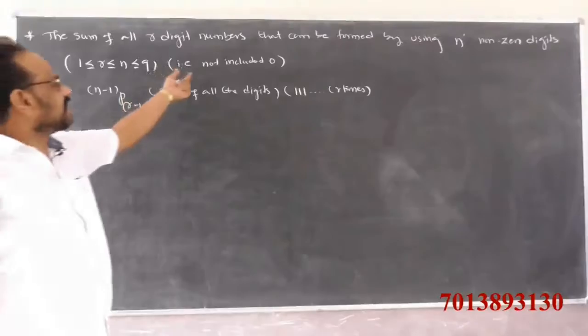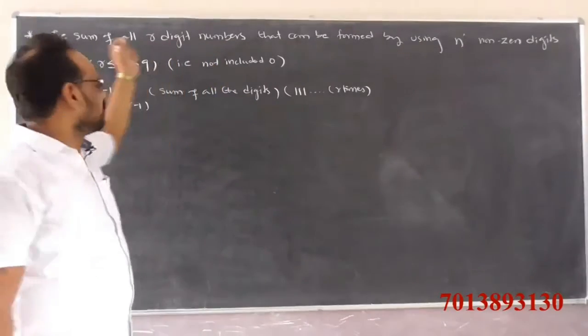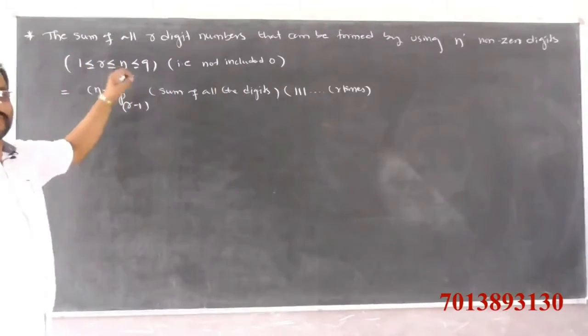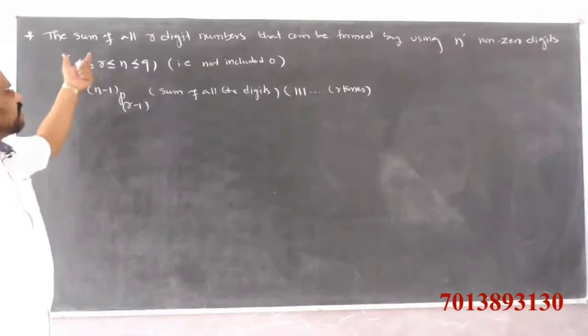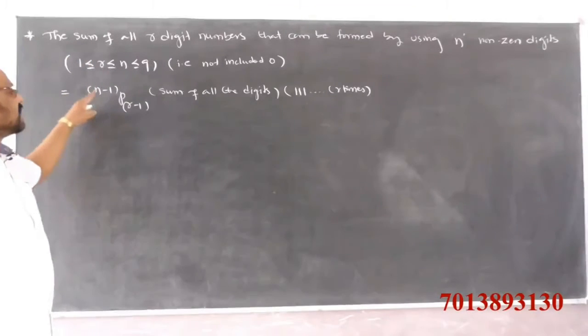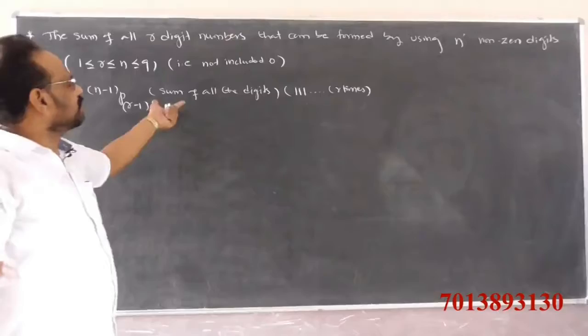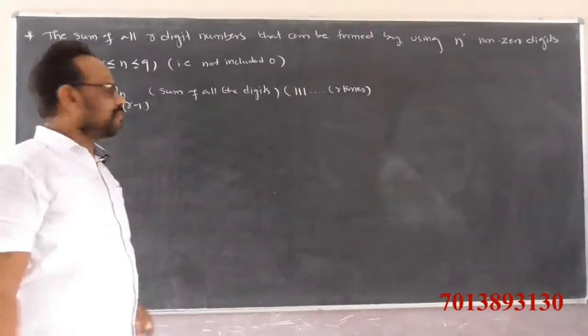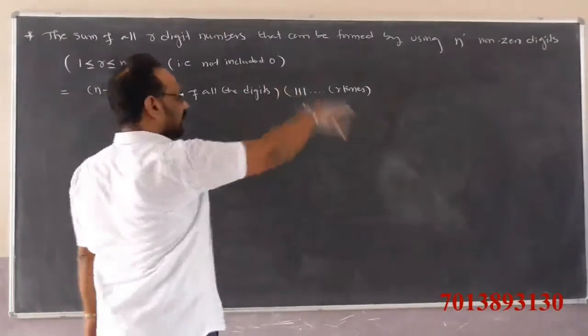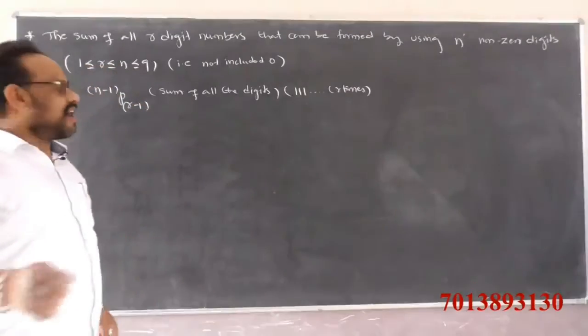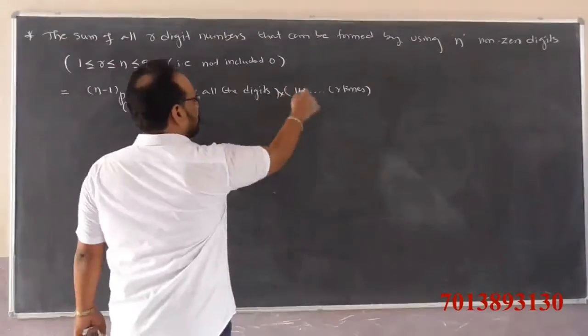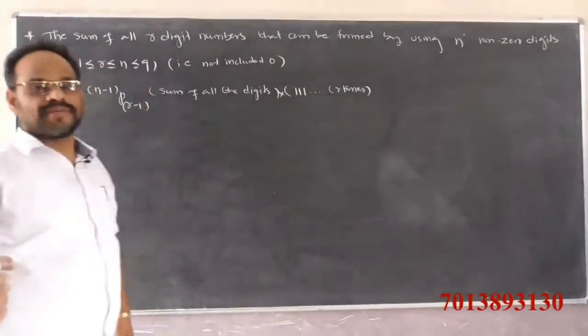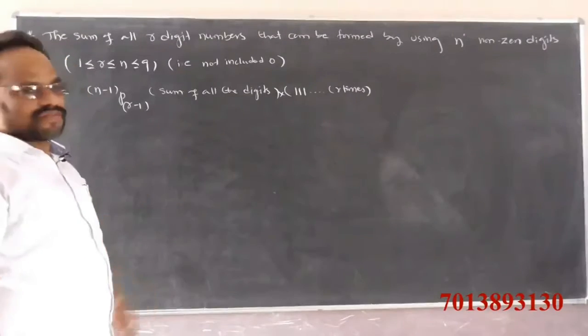That means clearly 0 is not included, the remaining digits are 1 to 9. So the formula is (n minus 1)P(r minus 1) into the sum of all the n digits into 1 into 1 up to r times. This is the formula.